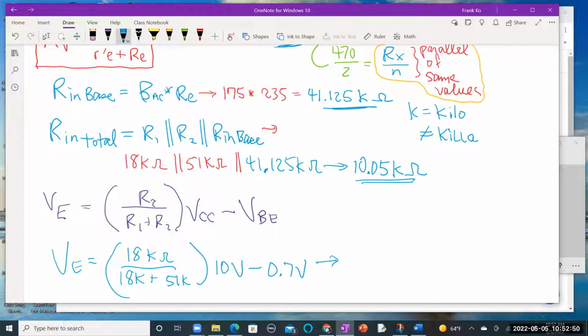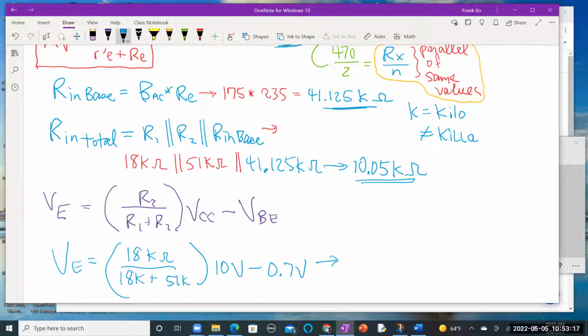12.419 kilo ohms. Oh, we're calculating a voltage. Oh shoot. So you have to do volts. I think I did something wrong.